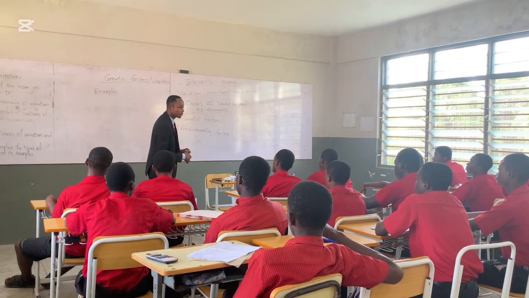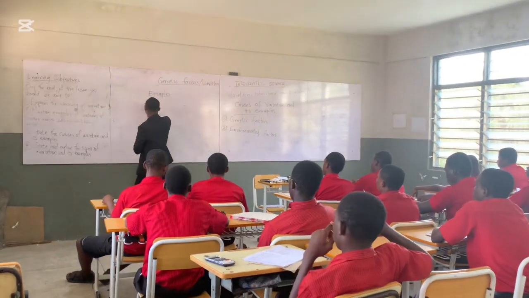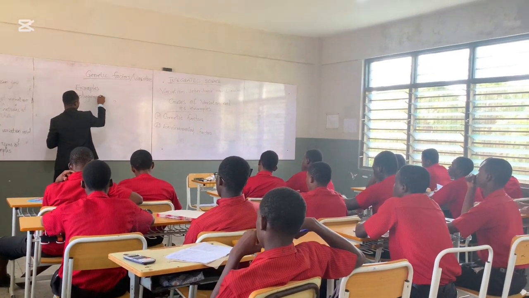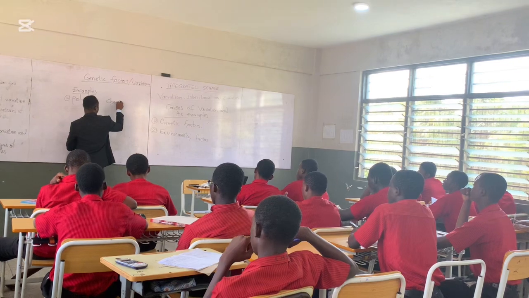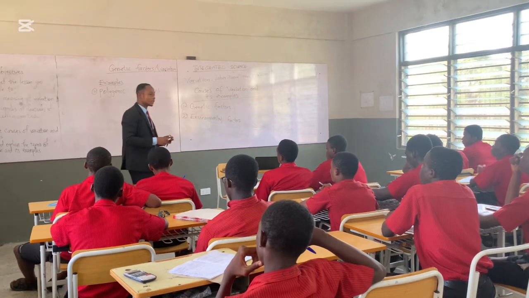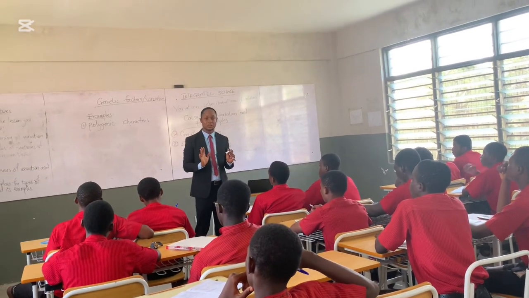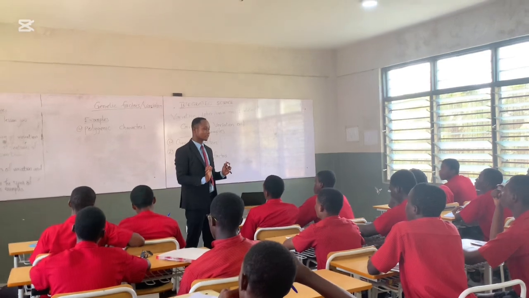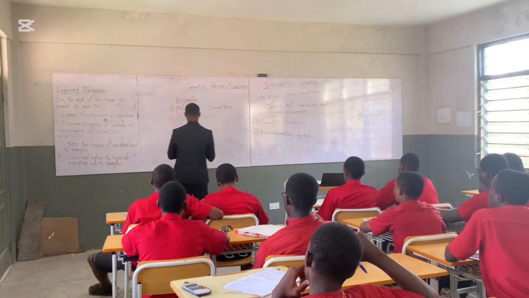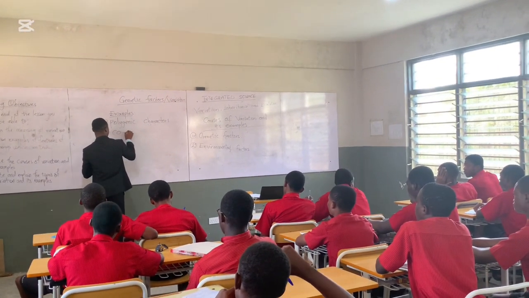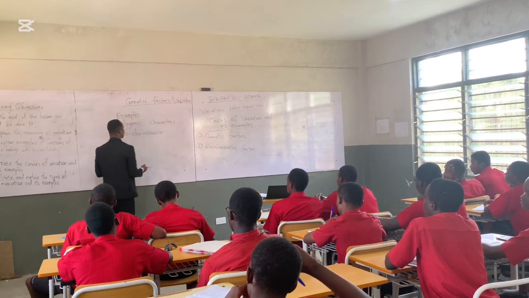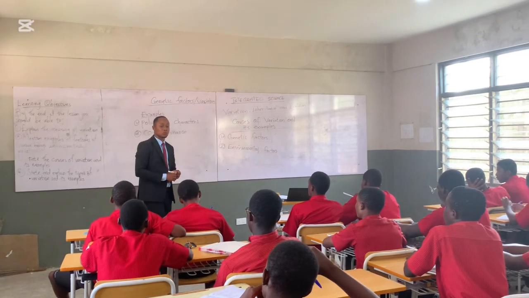Yes, Khalid? Polygenic character. Very good. So we have polygenic characters. It's one of our causes of variation due to genetics. Do you get it? Very good. Co-dominant, very good. We have co-dominance.